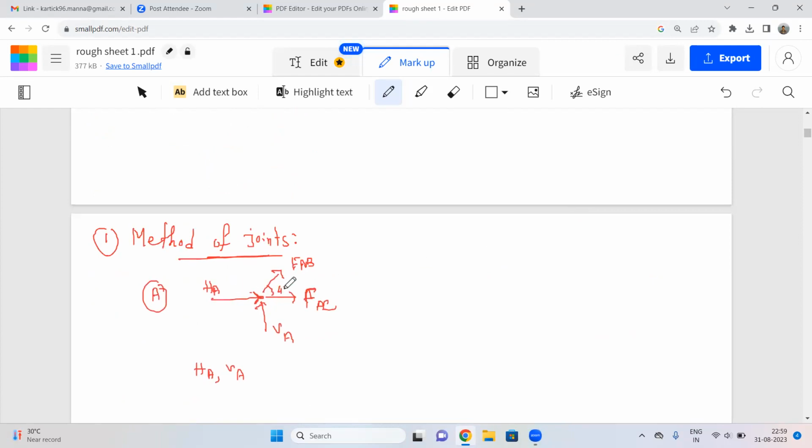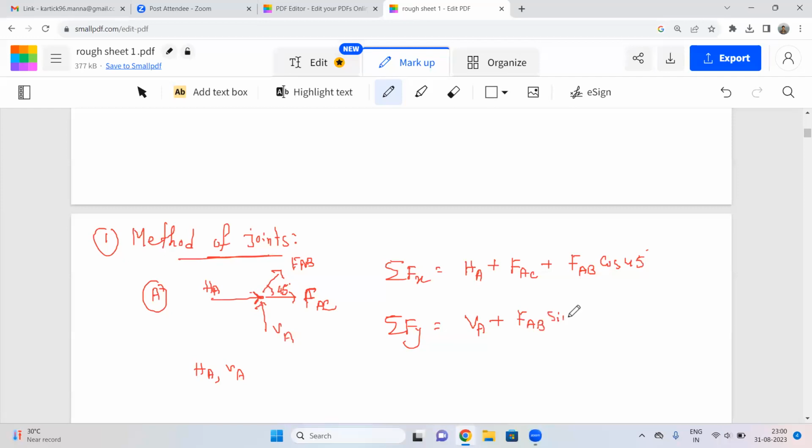So if you just put the value here, that is 45 degrees. Now take the components of FAB in vertical and horizontal direction. In horizontal direction, what is the total force? That is HA plus FAC plus FAB cos 45. And in the vertical direction, VA plus FAB sin 45.